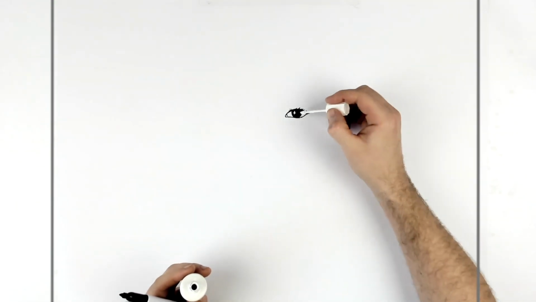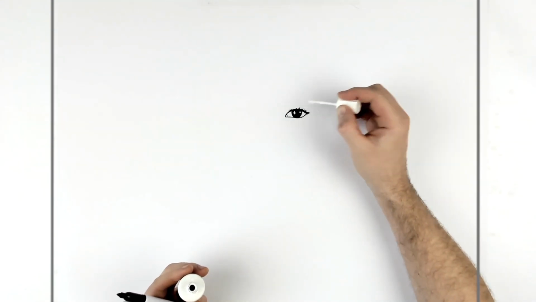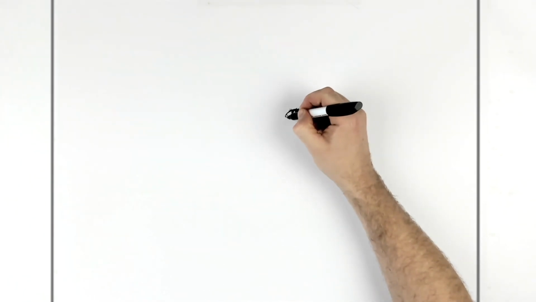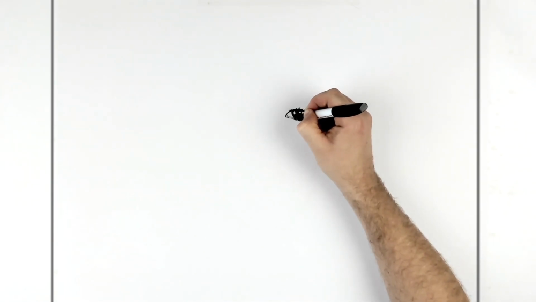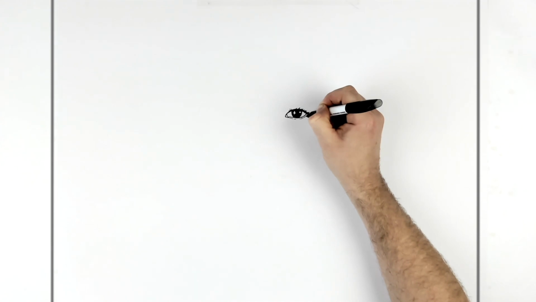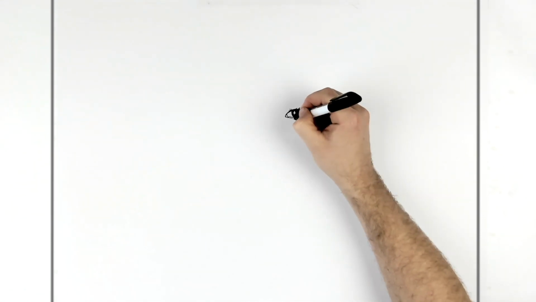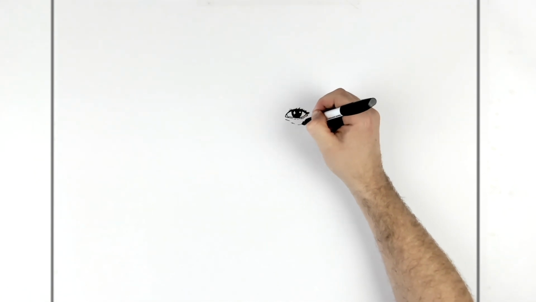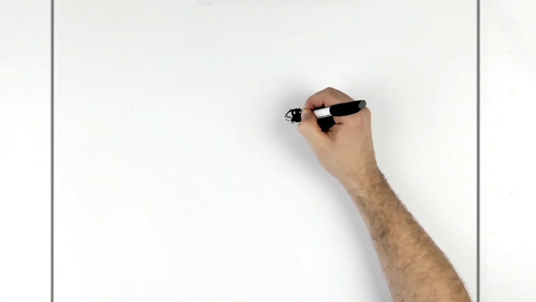Something like that, right? So either way is good. Right, so then just coming around his eye, we'll do some light sort of eyelash lines. And then he's got some bags under his eye here.